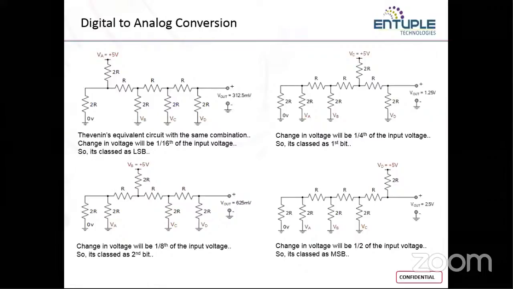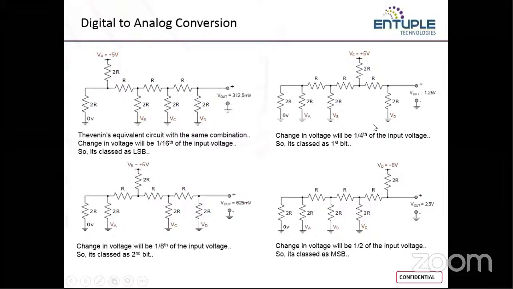Similarly, if supply voltage is applied to any one of the arms or all the arms, how does it look? For each and every sequence, you have to calculate the equivalent resistance and figure out the output voltage at this node. If the voltage is connected at the LSB, then the output voltage will be 1/16th of the input voltage. If it is connected to the next bit, the output voltage will be 1/8th of the input voltage.